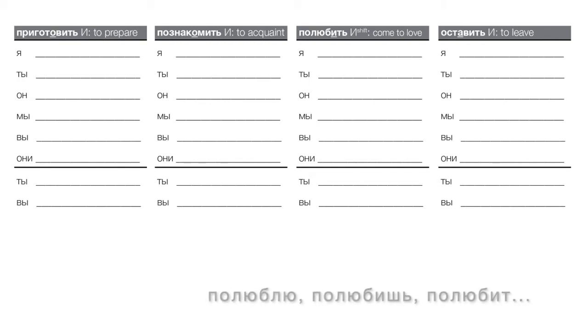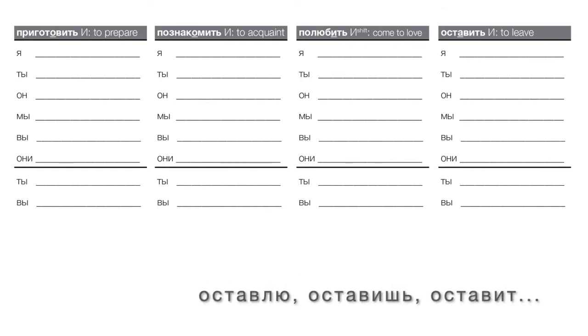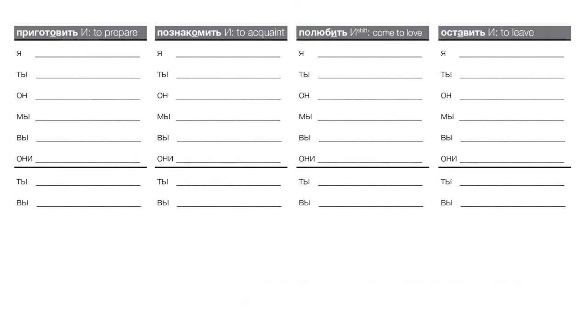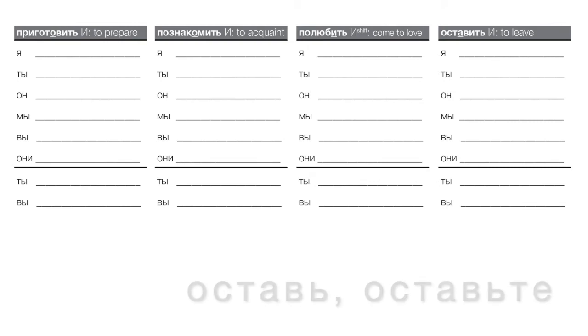Полюбить, полюблю, полюбишь, полюбит, полюбим, полюбите, полюбят. And that would be полюби, полюбите. Оставить, оставлю, оставишь, оставит, оставим, оставите, оставят. Оставь would be the imperative. Вы оставьте.